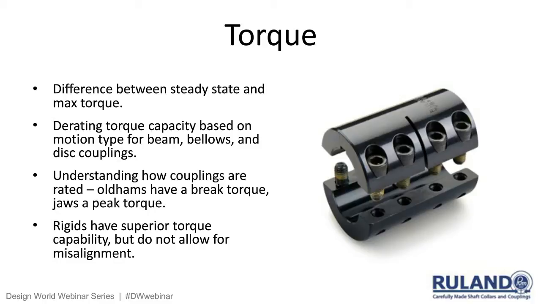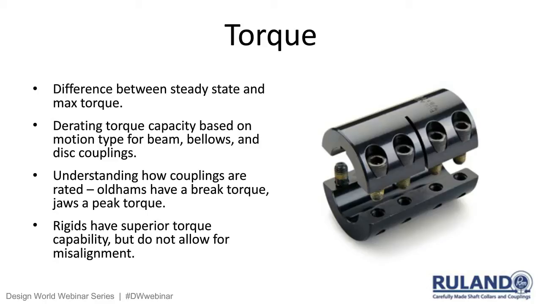If you look at our coupling ratings, you'll see a static torque rating and then a note that says, for single direction application, divide the static torque by 2. And if you are reversing, divide the static torque by 4. These are your design numbers that you need to use when you're picking your coupling.